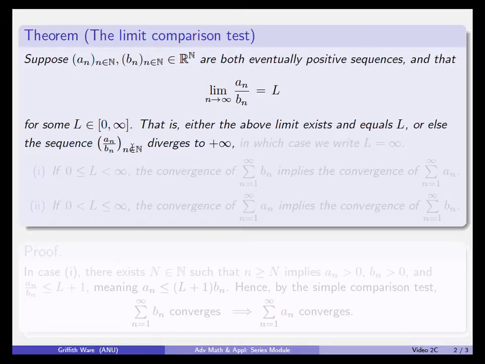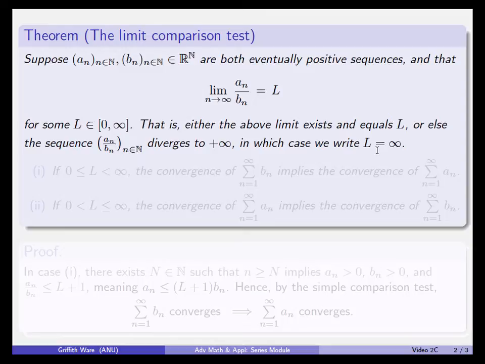That means that the sequence not only is unbounded, but also stays large forever after some point. So for every value capital M, there is some point capital N in the sequence beyond which the sequence of fractions always is greater than the value capital M. Okay, so we're allowing this possibility that capital L equals infinity, in which case we sort of abuse notation a little bit and write L equals infinity.